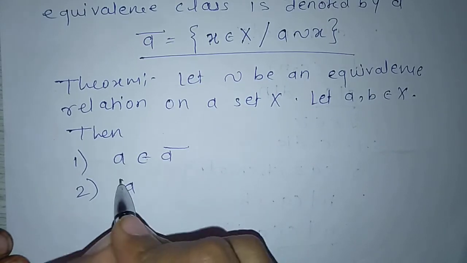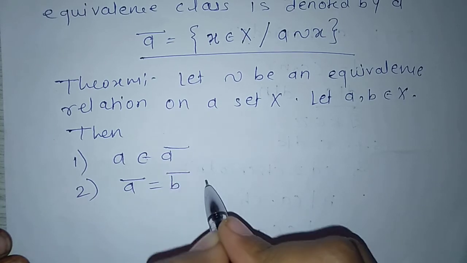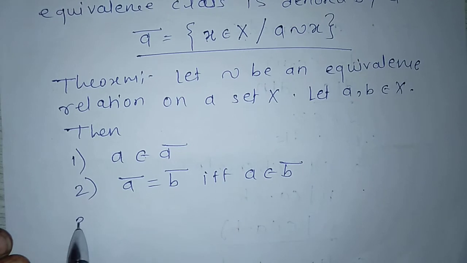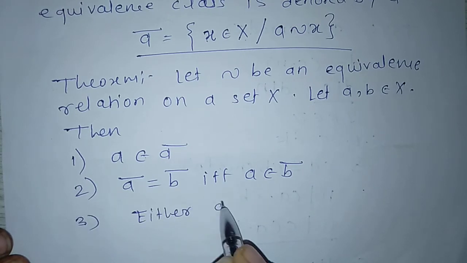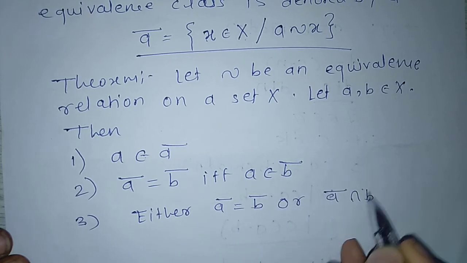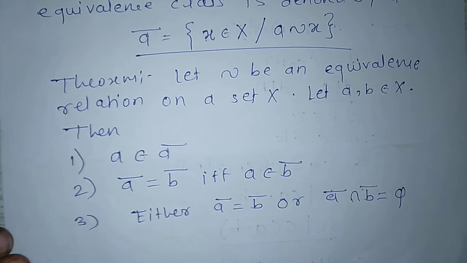Second, a bar equals b bar if and only if a belongs to b bar. Third, either a bar equals b bar or a bar intersection b bar equals phi.